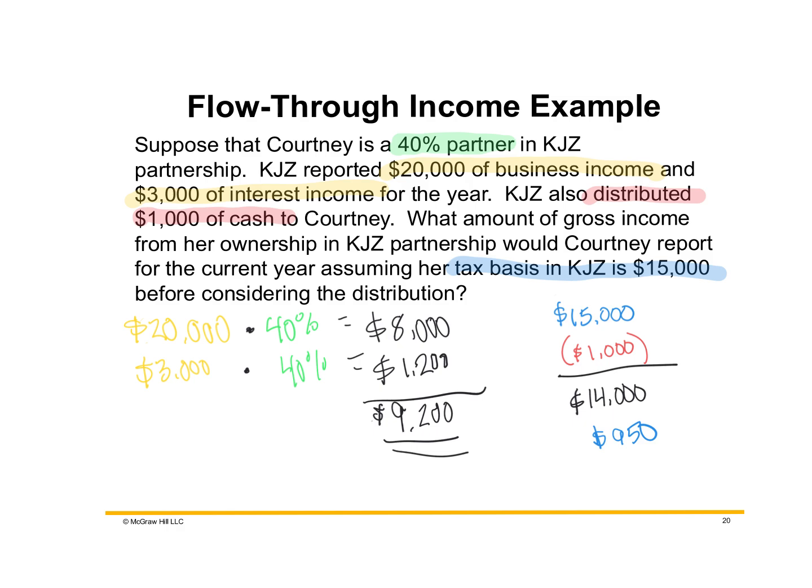And she still had her $1,000 cash distribution. That $50 difference between the two would become a part of her gross income, because distributions in excess of the basis are taxable.